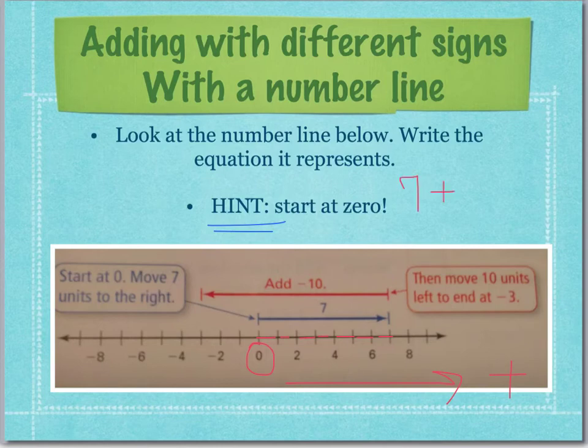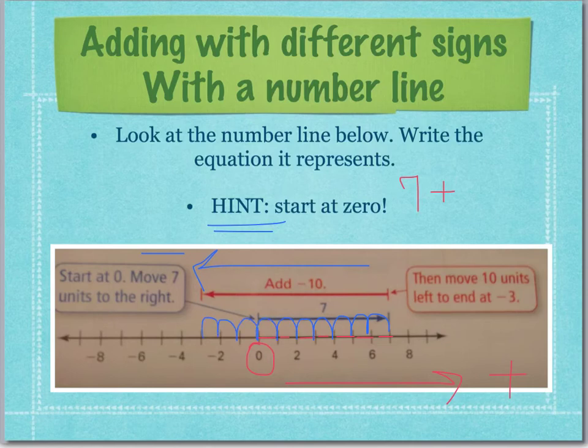Plus, now I'm moving in the direction towards the negative numbers, and I'm starting at 7, and let's see how many I move. 1, 2, 3, 4, 5, 6, 7, 8, 9, 10.